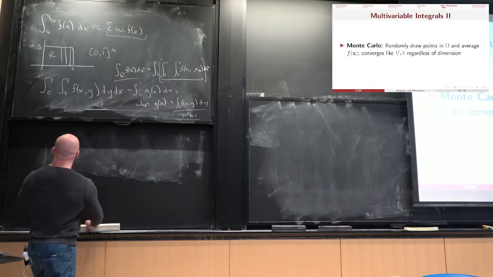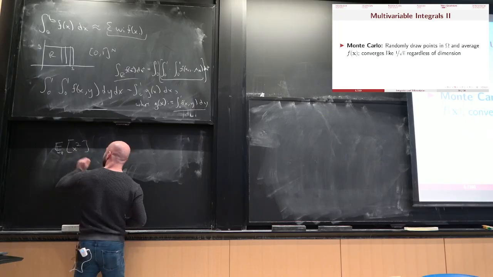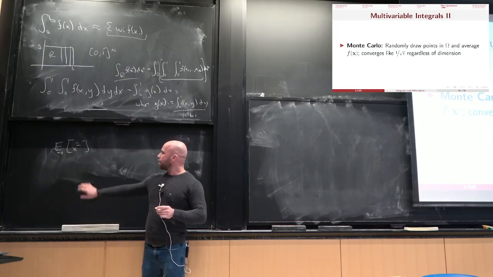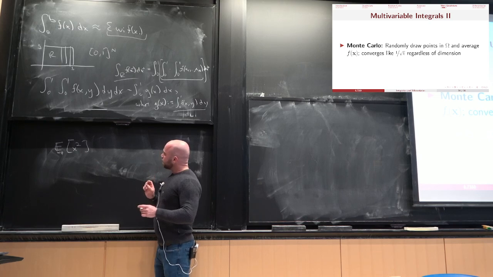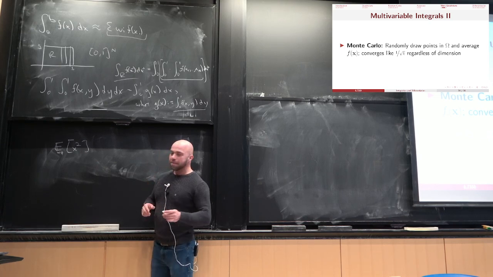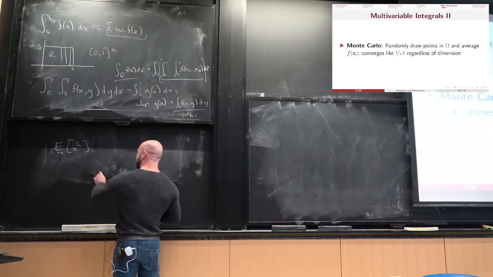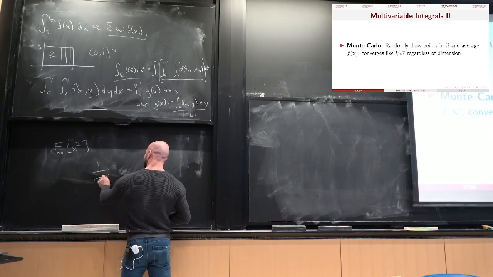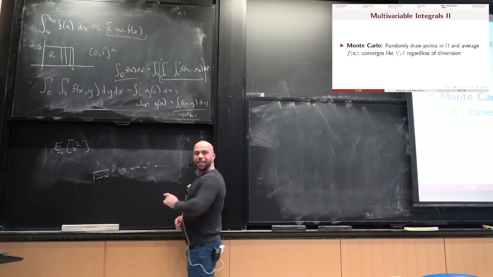If I want, for example, the expectation over x drawn from some p of x squared, this is a polynomial function, so it turns out there's some things that we can do. But the second that it's non-polynomial, then essentially what you have to do is, for example, there's this Taylor series for 1 over 1 minus x, which is I think 1 plus x plus x squared and so on.